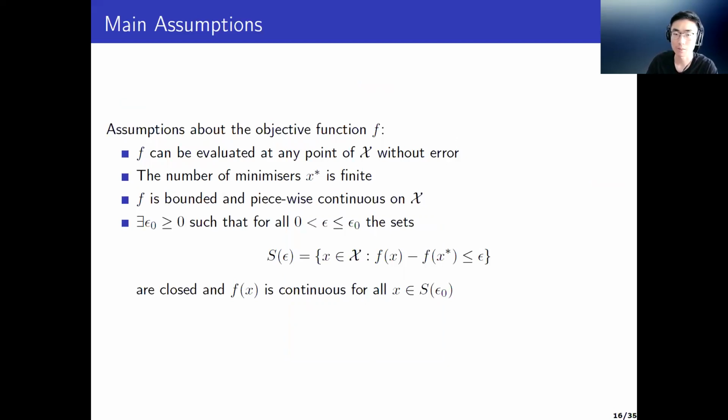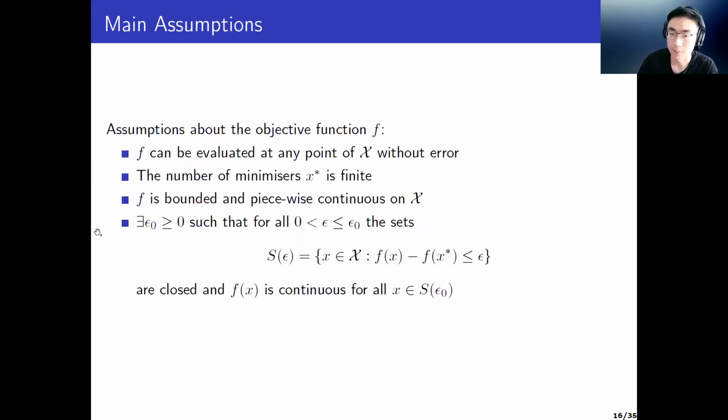And here we list the main assumptions about the objective function. So f can be evaluated at any point of the feasible region without error, and the number of global minimizers is finite. And f is bounded and piecewise continuous on the feasible region.